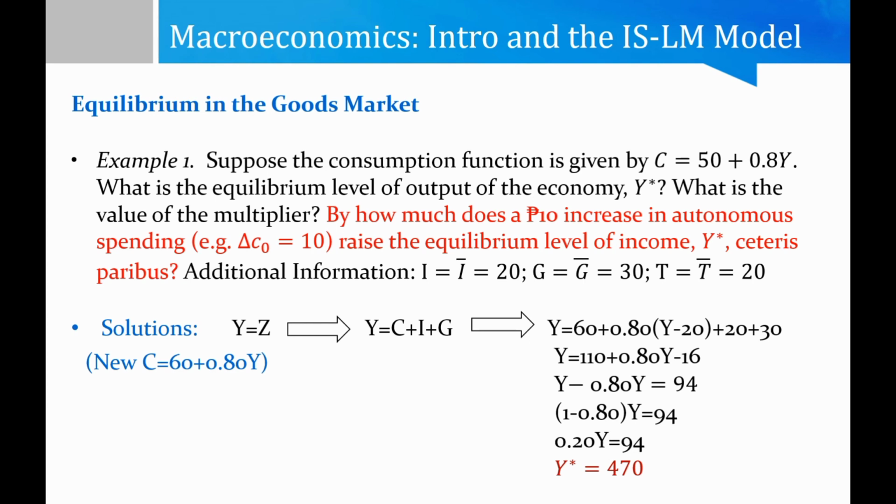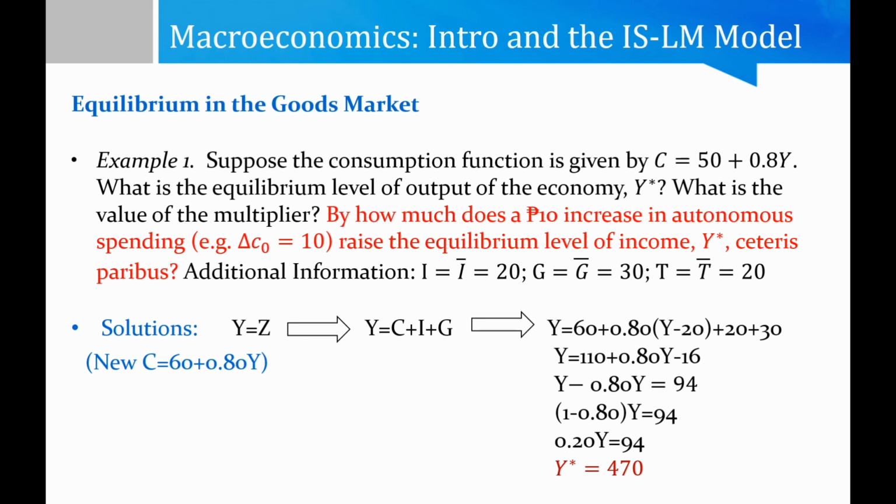So, autonomous spending in this question is equal to 94. So, as C sub 0 increases by 10, the new equilibrium level of output is now 470.